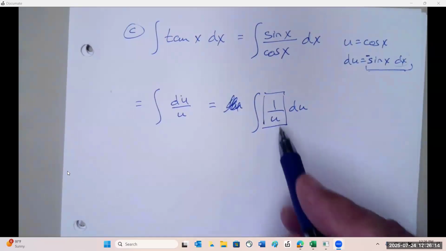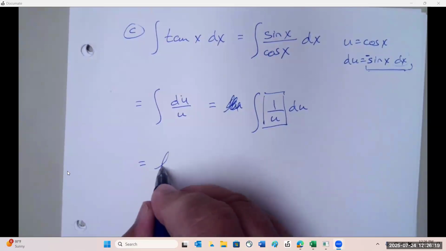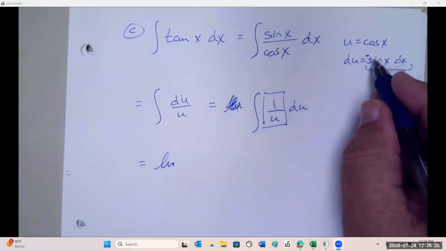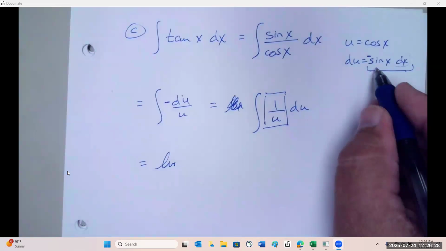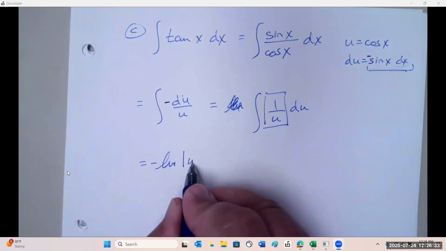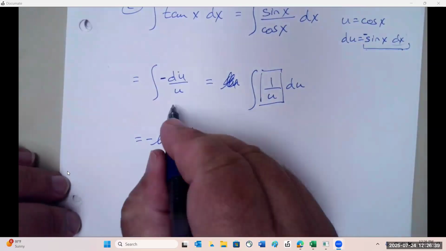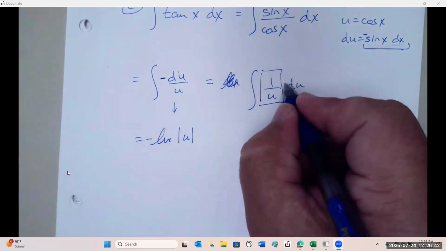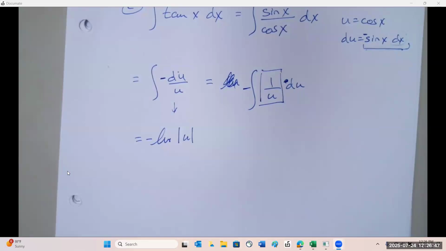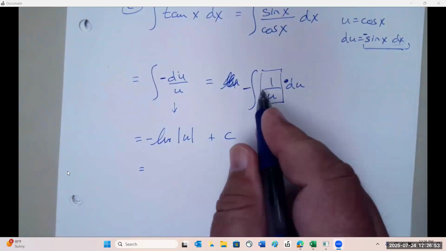Yeah, which is ln u. So it's ln, but du is negative. So it's the negative absolute value of u. Because du is negative, so it comes out in front. Plus c, since we took the integral.